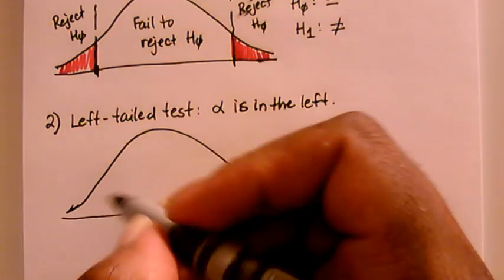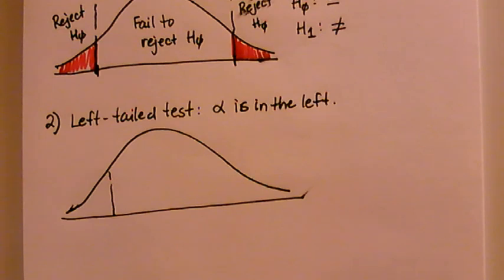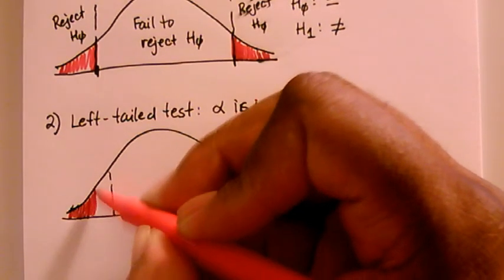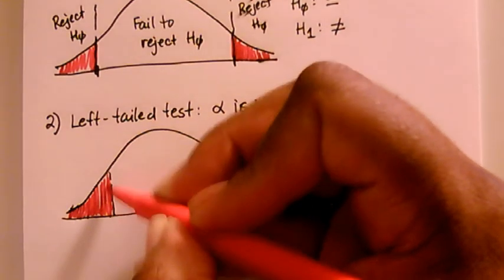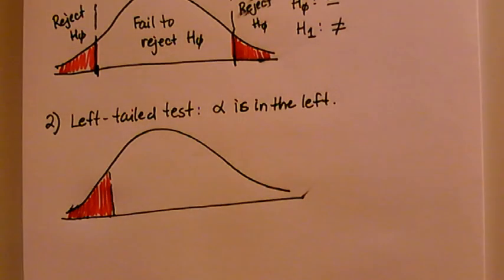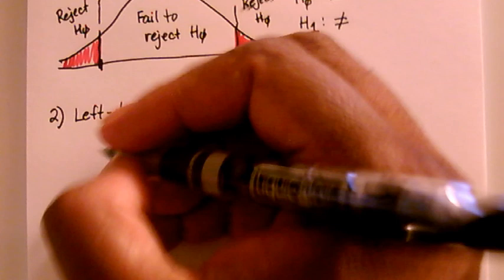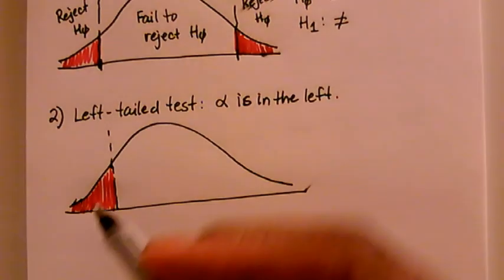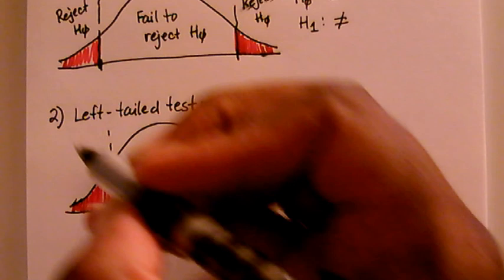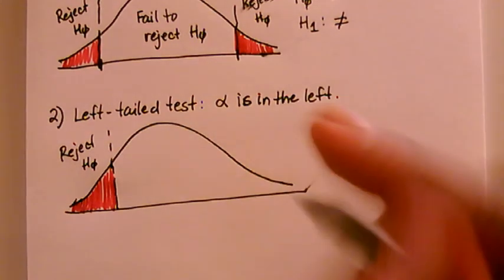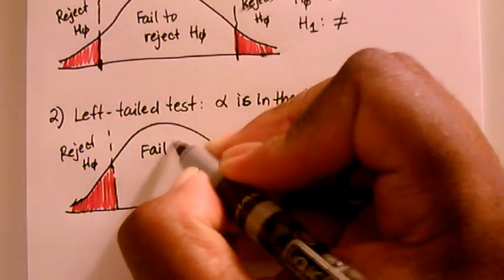In this case here, the entire alpha level will be in the left tail. That's that shaded area. If that test statistic is in that shaded area, you're going to reject the null. If it's on this side, that's where you fail to reject the null.